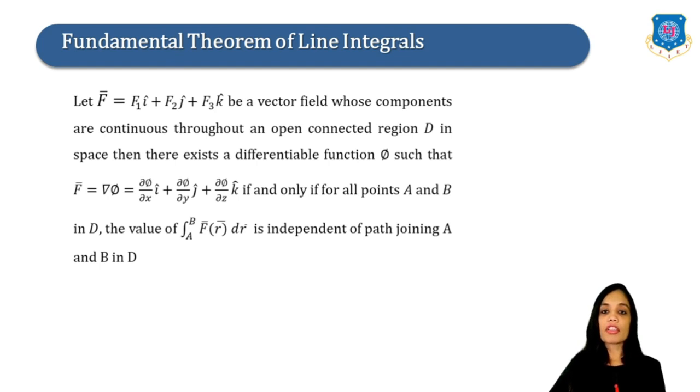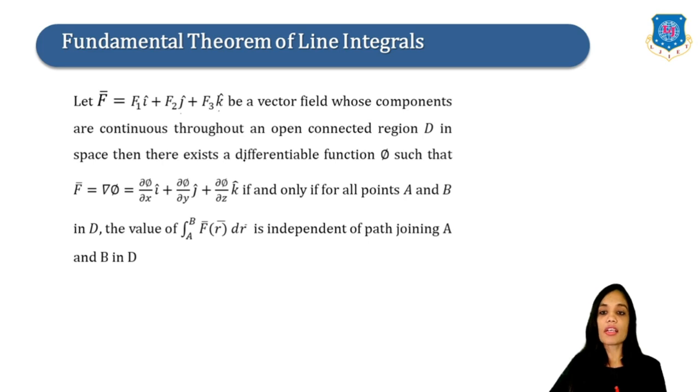The fundamental theorem of line integrals. You have to remember the statement of this. Let f bar = f1 i cap + f2 j cap + f3 k cap be a vector field whose components are continuous throughout an open connected region D in space.